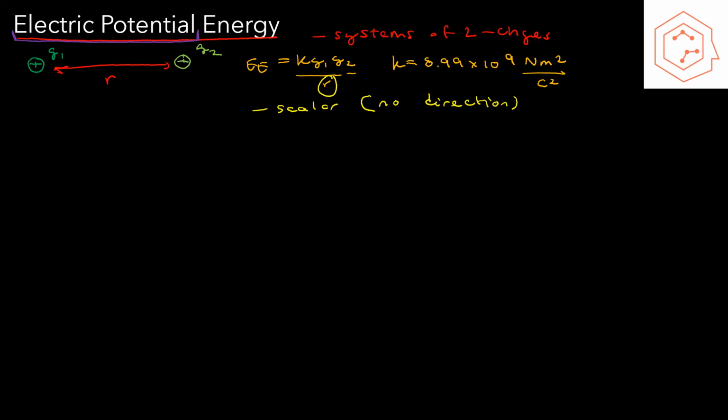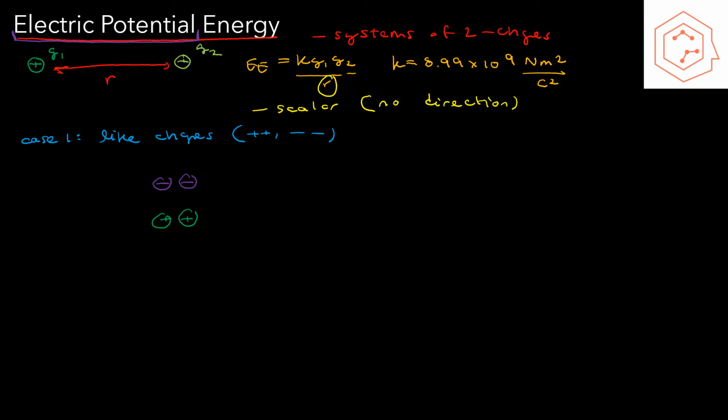With that being said, you can still have positive and negative values, and so there's two cases that we need to identify. So we have case 1, where we have like charges. So we either have two positives or we have two negatives. And if we draw this out, we have two negatives or we have two positives.